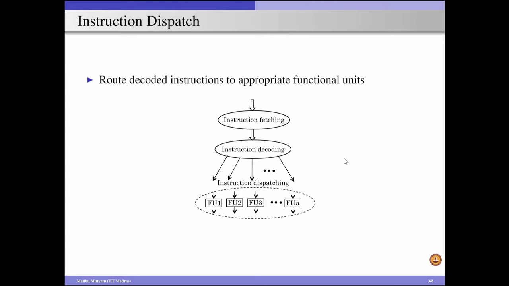When we consider a system where we dispatch the instructions directly to the functional unit, our dispatch and issue both will be the same. But in some designs they consider a separate stage in between the dispatch and the functional unit execution, which is called a reservation station. There, dispatch means dispatching to the reservation station, and issue means selecting an instruction from the reservation station and giving it to the functional unit.